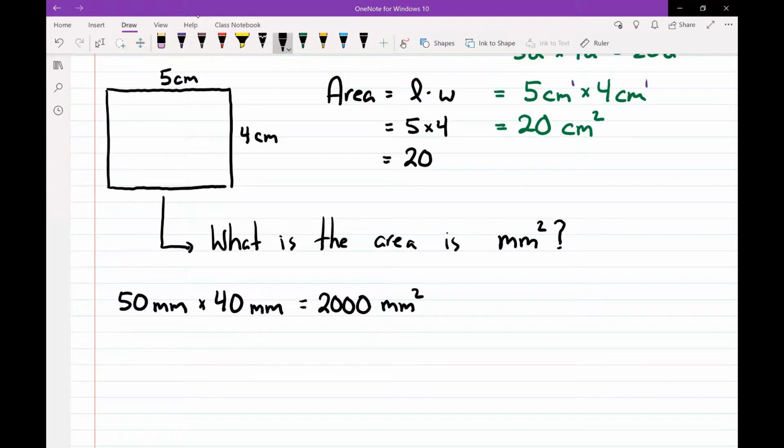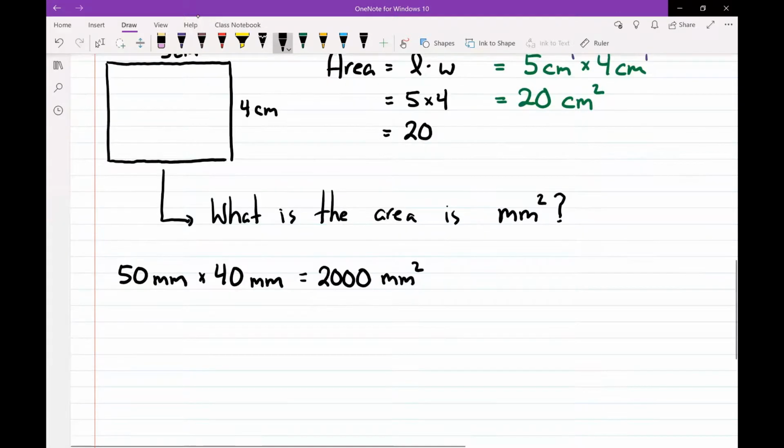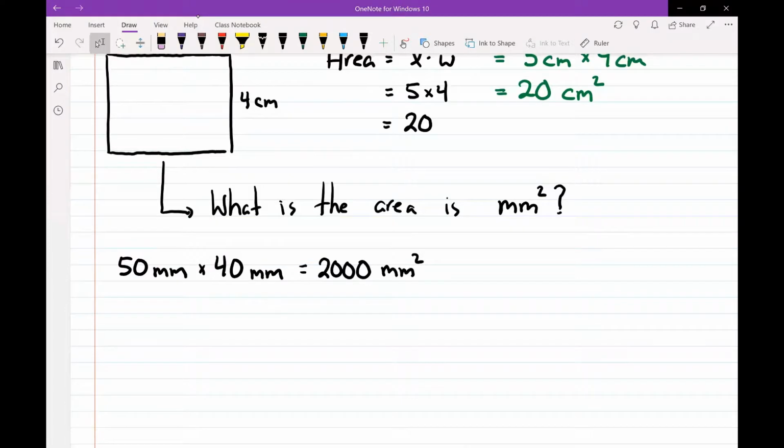But what if you didn't have the original dimensions? You were just told that the area was, say, 20 centimeters squared, and you were trying to convert that into this 2,000 millimeters squared. So that's what we're kind of looking at now. How would you use unit conversions to convert 20 centimeters squared into 2,000 millimeters squared?